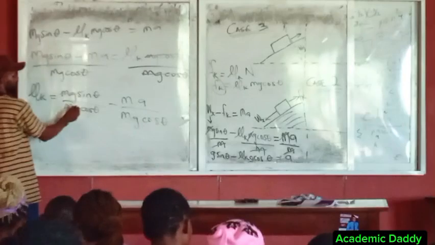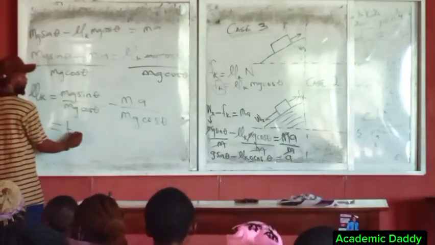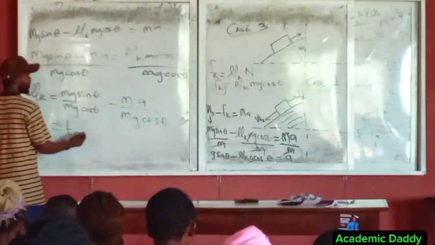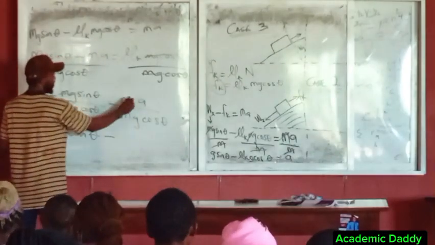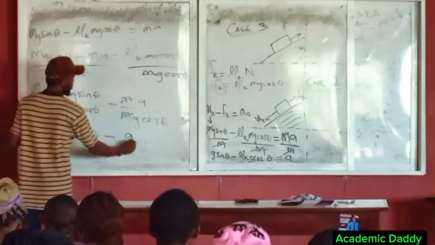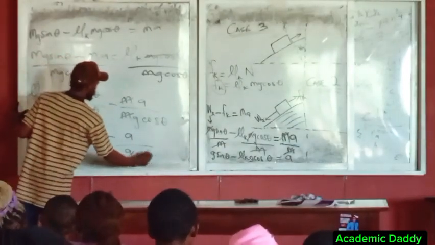Notice this cancels this, so I'm left with sin theta over cos theta, which is tan theta, minus a over g cos theta.